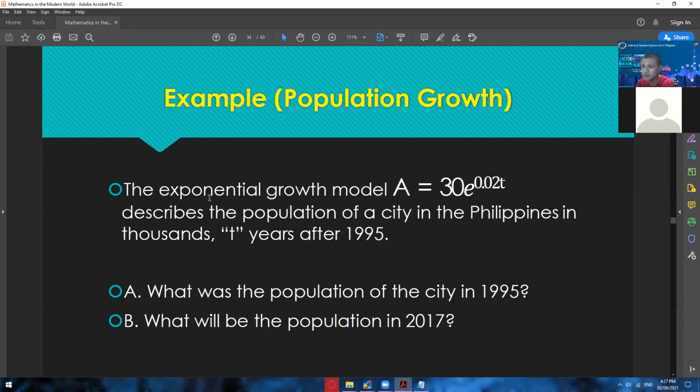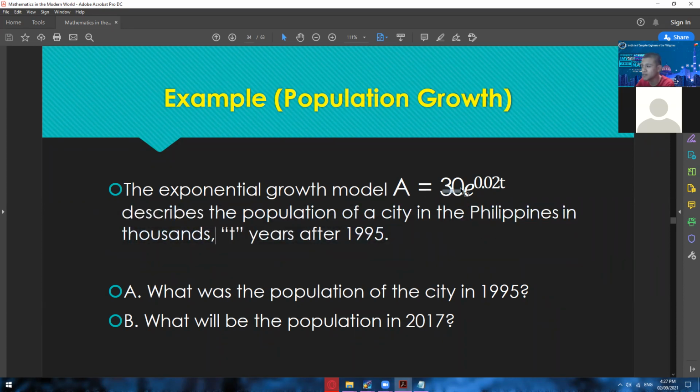We have this exponential growth model: A is equal to 30 times e raised to 0.02 times t. It describes the population of a city in the Philippines in thousands, where t is in years after 1995. And then here are the questions. So just take note that this population is in thousands.